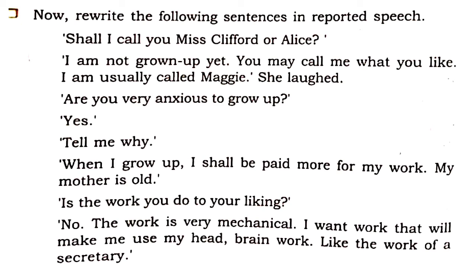The narrator asked the girl if he should call her Miss Clifford or Alice. She replied saying that she was not grown up. The sentences are: Shall I call you Miss Clifford or Alice? I am not grown up yet.